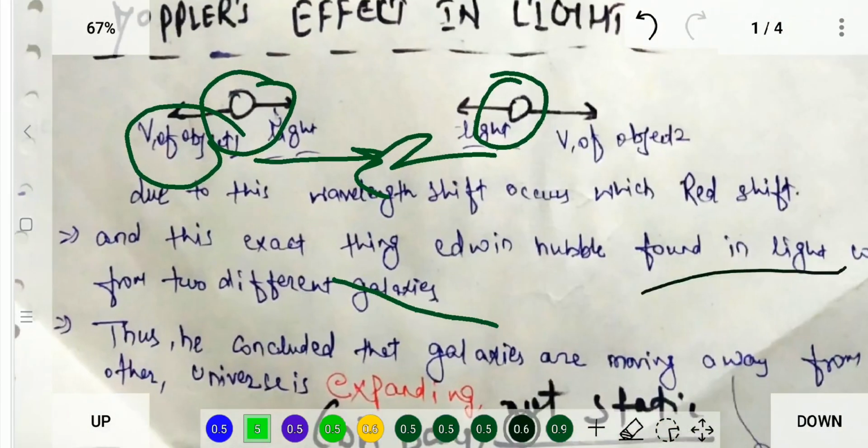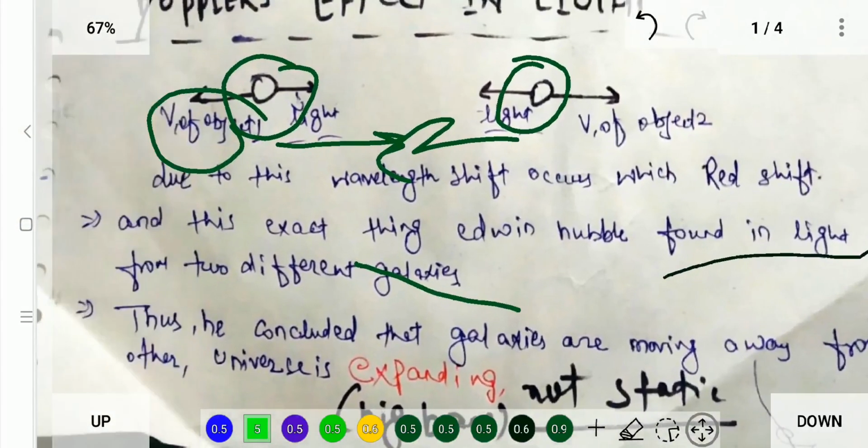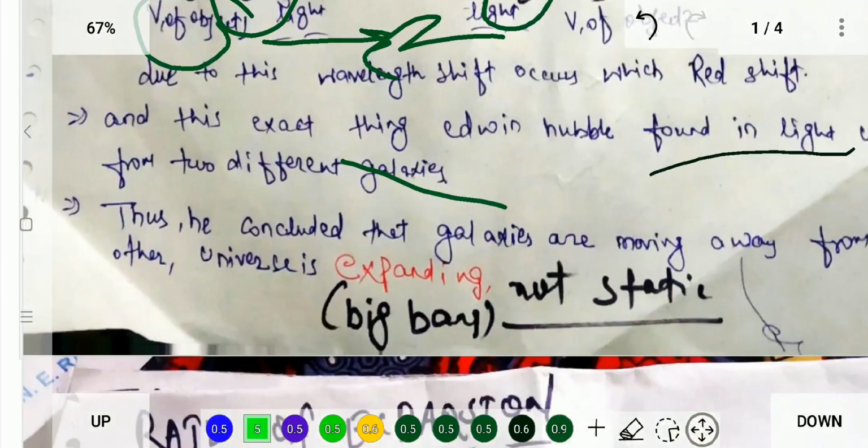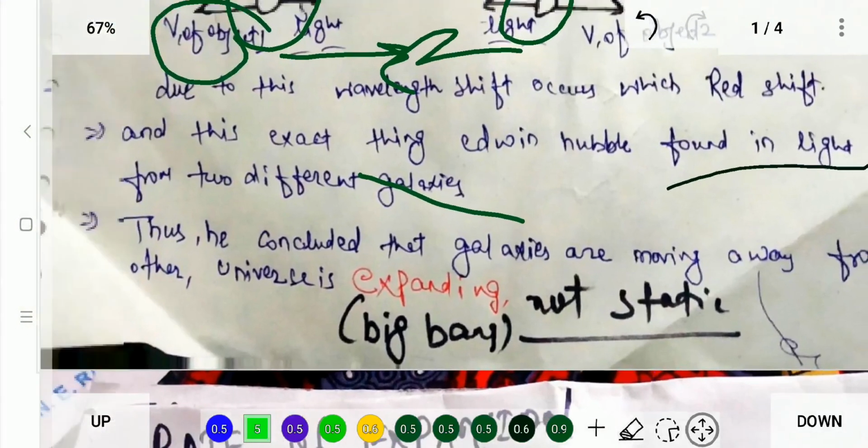Thus he concluded that galaxies are moving away from each other, and so the universe is expanding. In the previous video I told that the universe is static or expanding.